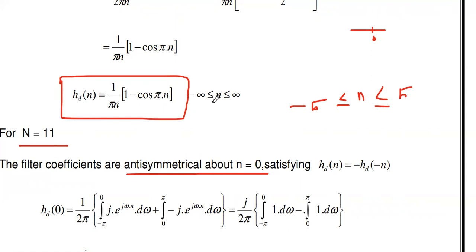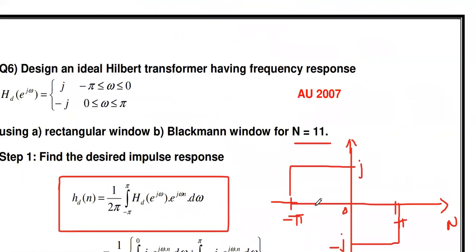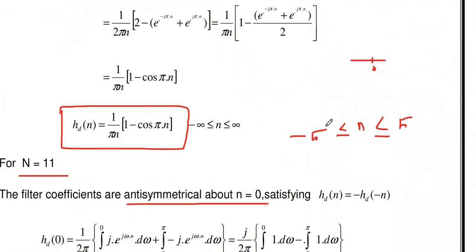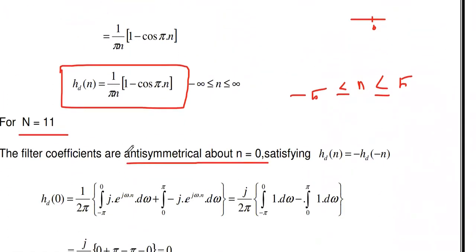But for this Hilbert transformer, according to its frequency response, we can say that the frequency response is anti-symmetrical. So that's why the corresponding filter coefficient is also anti-symmetrical. Anti-symmetrical means hd(n) is equal to minus hd(-n).